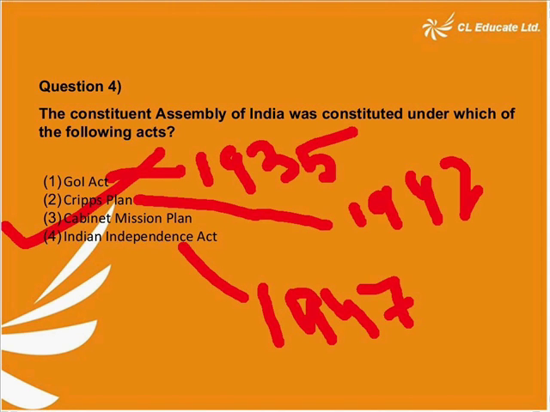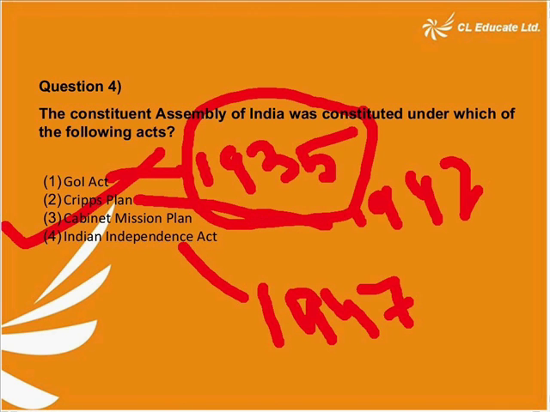B.R. Ambedkar was the chairman of the drafting committee. Yes, they met for the first time on 9 December 1946, and on which day did they finally get it adopted? If you remember, it's written in our Constituent Assembly. Yes, very correct. Some of you are giving the correct answer. It was 26 November 1949, and then on 26 January 1950, India became a republic.